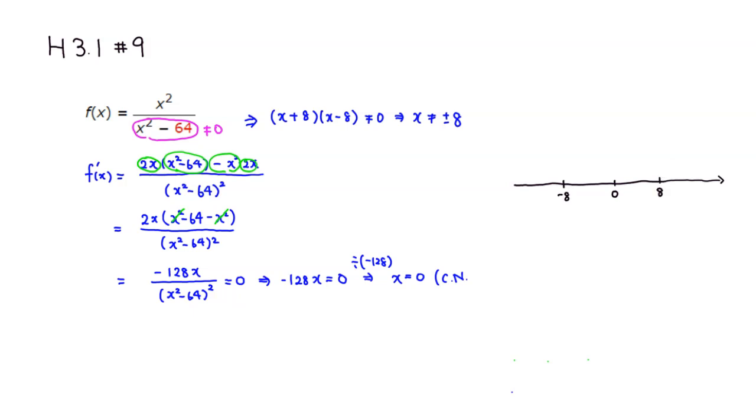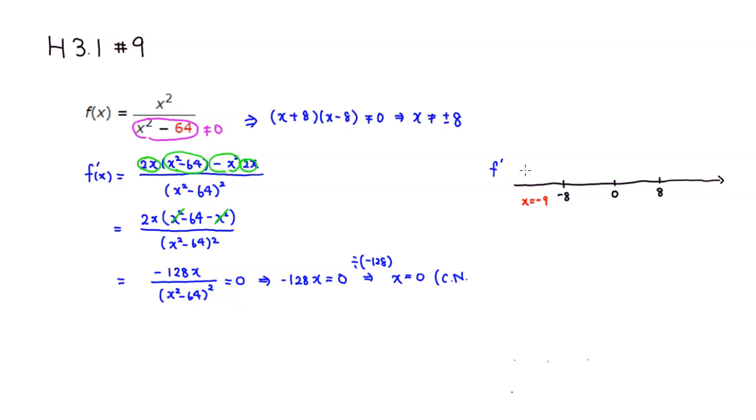Then we look at the sign of the first derivative, f prime. We can try basically any number, so let's try something smaller than negative 8. I'm going to try x equals negative 9.